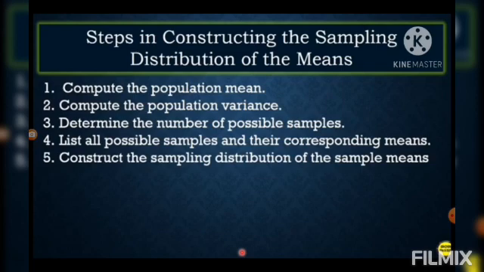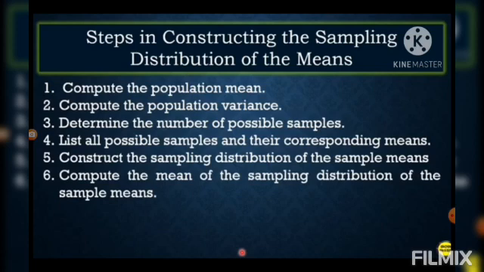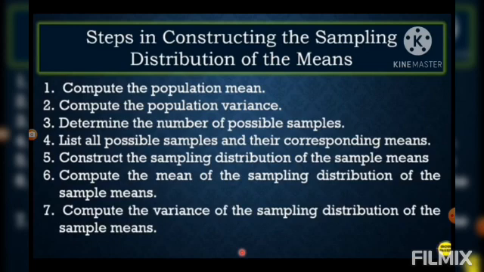Number 5, construct the sampling distribution of the sample means. Number 6, compute the mean of the sampling distribution of the sample means. Number 7, compute the variance of the sampling distribution of the sample means. Number 8, construct the histogram. So these are the 8 steps in constructing the sampling distribution of the mean.